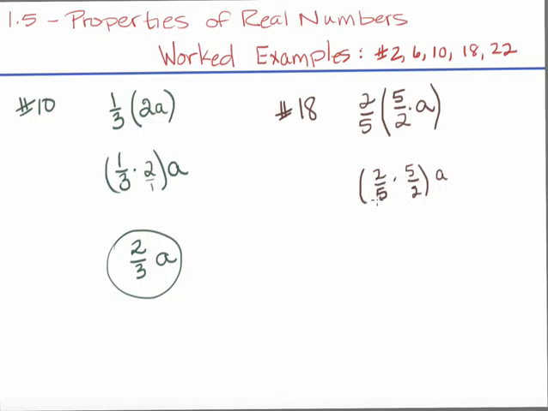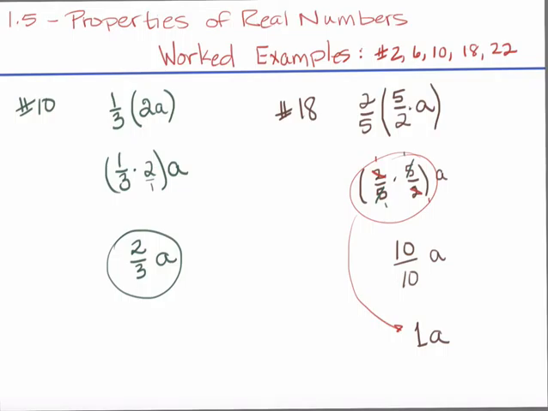Again, there are a couple of different ways you could approach this. 2 times 5 is 10, 5 times 2 is 10, and 10 divided by itself is 1. Or, if you're comfortable with reduction, this 2 cancels this 2, this 5 cancels this 5, leaving, in each case, 1 times 1 over 1 times 1, which is 1.